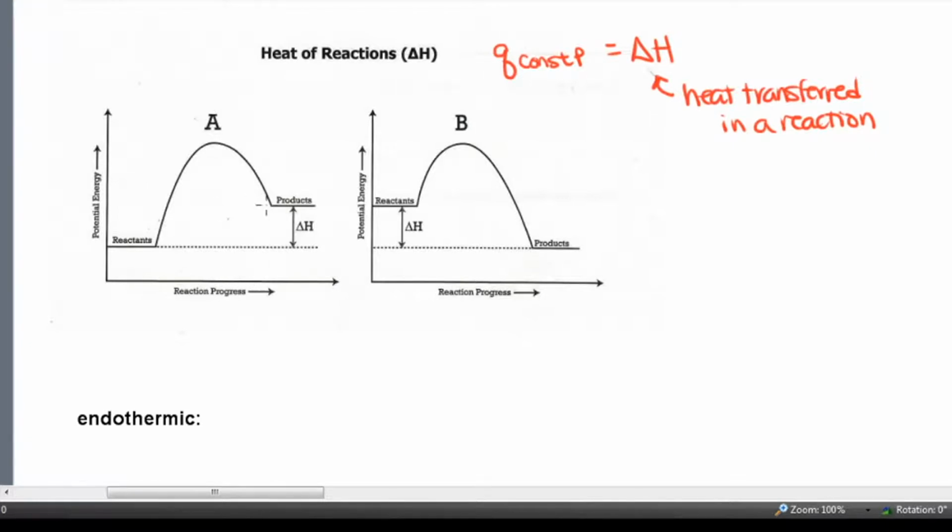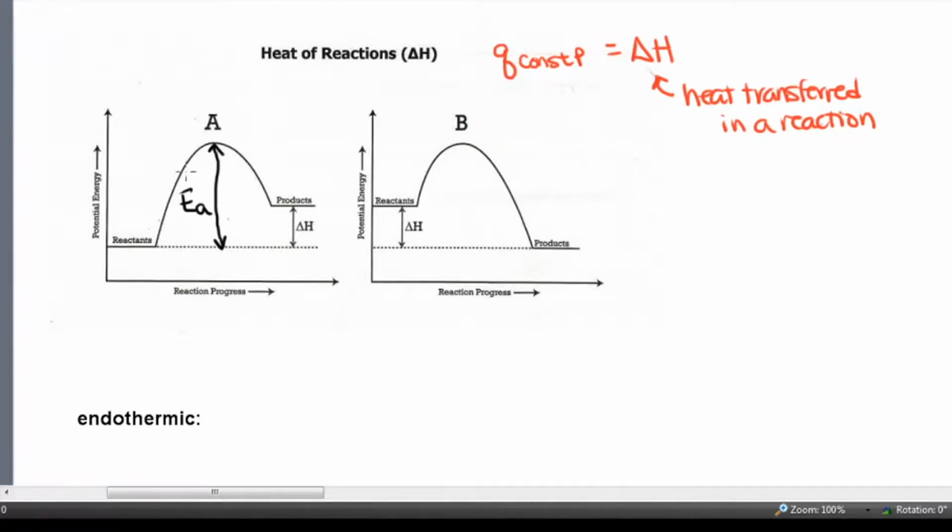So let's look at two different potential energy diagrams here. If we are looking at diagram A, we see a scenario where the products ended up with more energy than the reactants. Now again, we see this standard shape, right? Like we see that the reactants needed to gain a certain amount of energy, sorry, that was a really not straight line, to get up over that activation energy barrier.